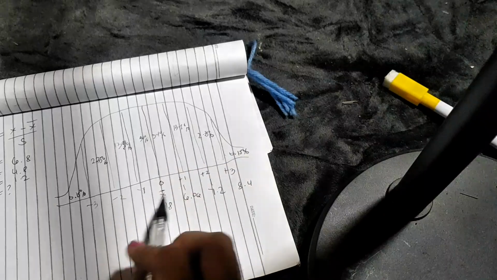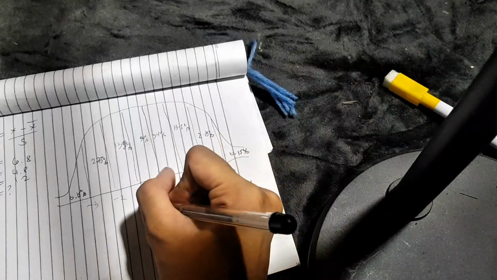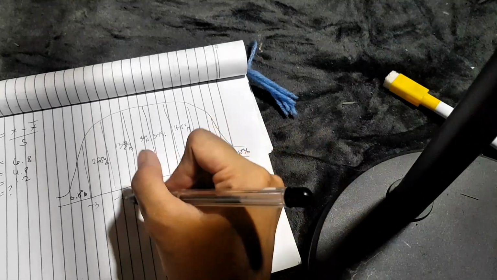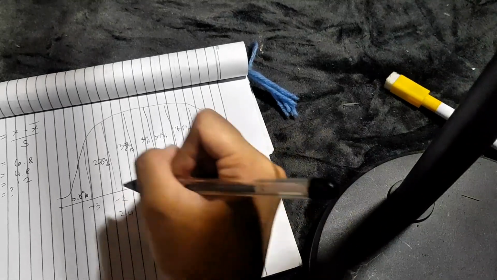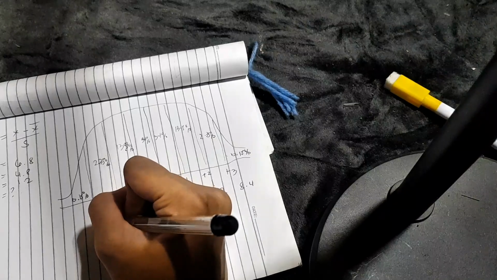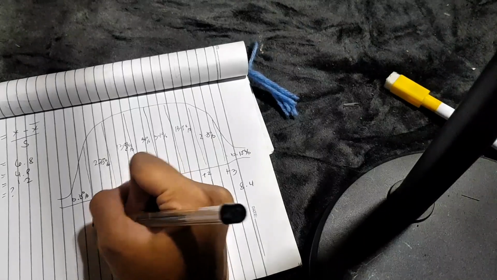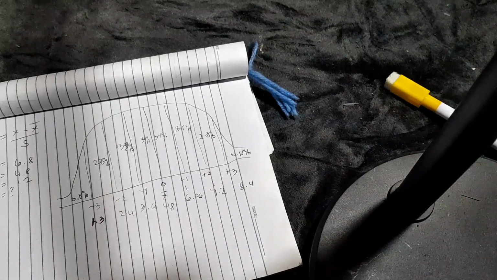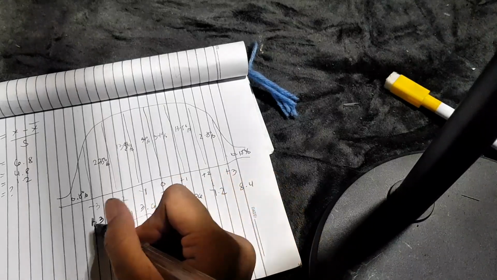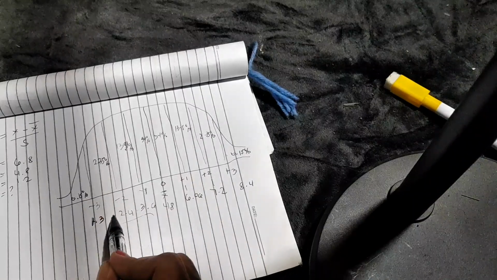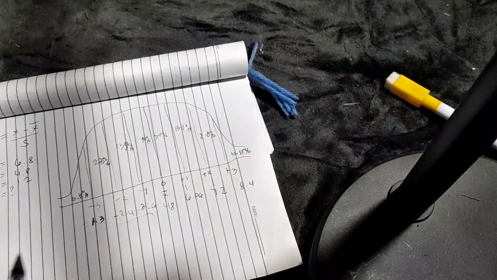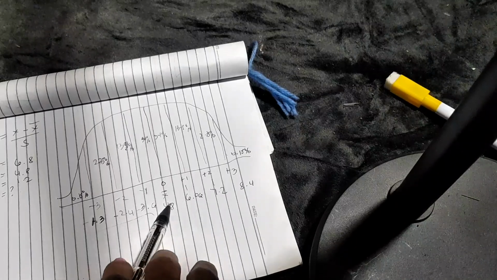Dito sa negative 1 is 3.6. Sa negative 2 is 2.4. At dito naman is 1.2. Dapat may negative yan. Negative, negative, negative. Dapat na may nakalagay dito na negative yan. Yung score papunta dito. Negative, tas dito is positive.